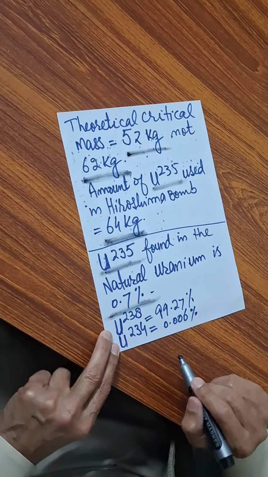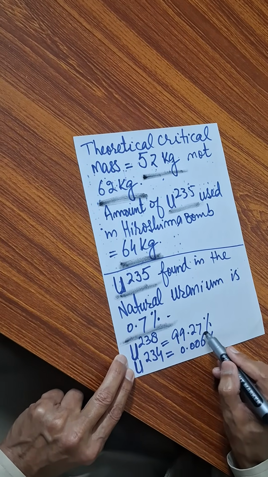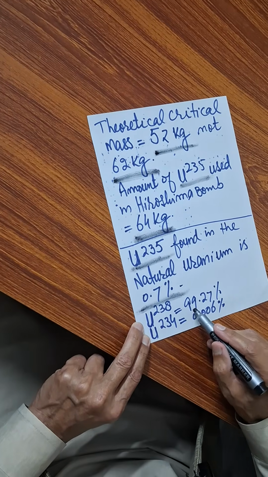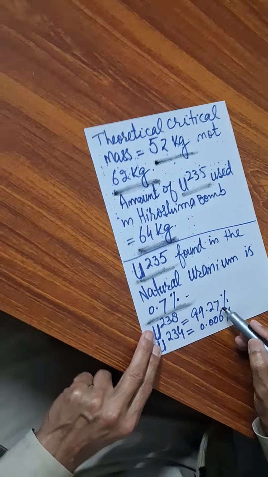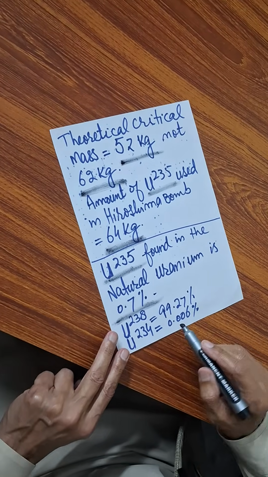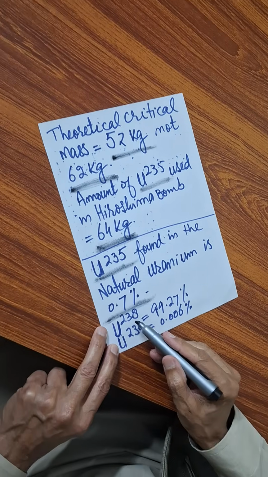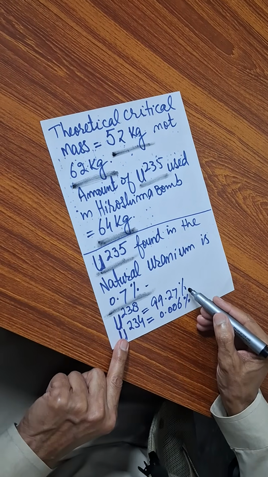Uranium 238 is 99.27%. I said in my last video 99.3%, which is almost equal to 99.27%. But the exact percentage of uranium 238 in natural uranium is 99.27%.